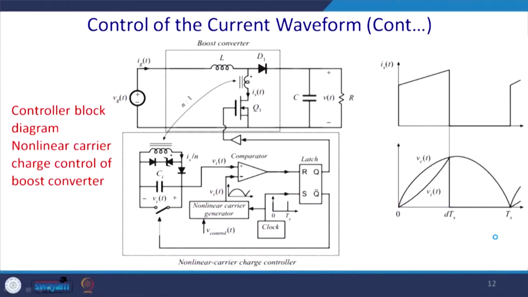and that also gives you the steady state stability. Here this is the control block diagram of nonlinear carrier charge control of the boost converter. This is IS, the current through the inductor, this is Vc and this is Vi. You can see that you sense the current thereafter by the coupling inductor.